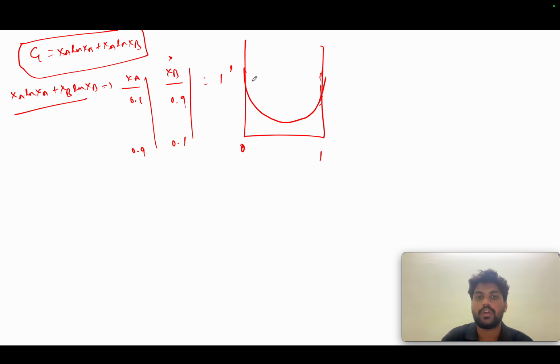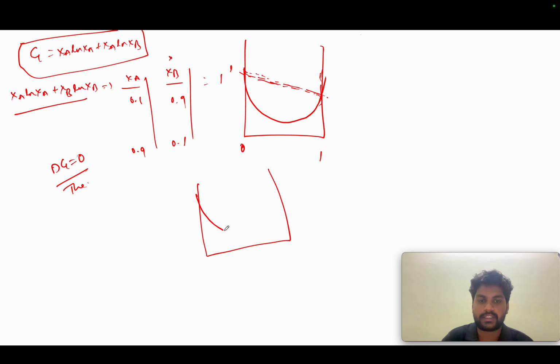You can think, okay, why is the graph not going like this? Because we need delta g equal to 0, then only the system will be in equilibrium. So that's why the equation will try to go down and then up. So that's why we have the curve in the graph.